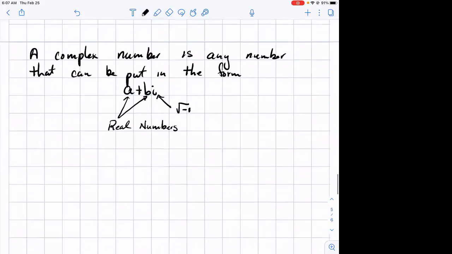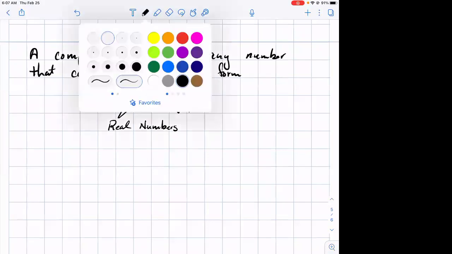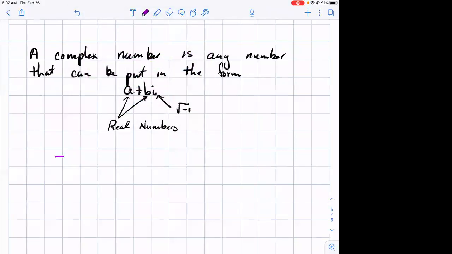The form a plus bi is what we call standard form of complex numbers.